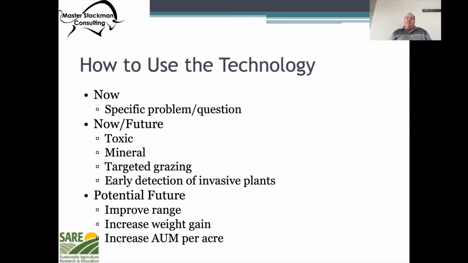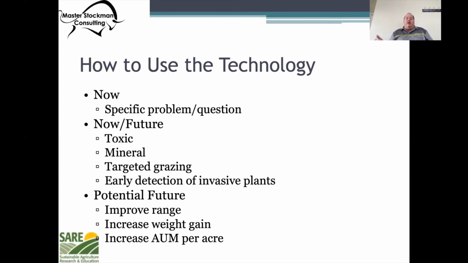If we have the ability to improve range, our production on the range, our quality on the range is going to be better. Year in, year out, we'll have more feed for livestock there. And if we have more feed for livestock, that's going to show up in the form of either more pounds per animal or being able to put more animals out on that range, which will make us more money, right?